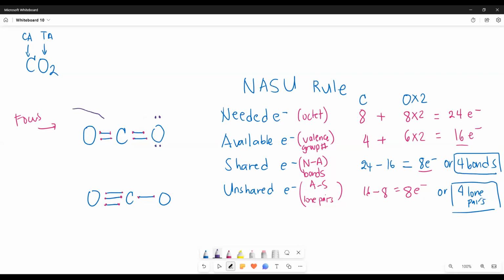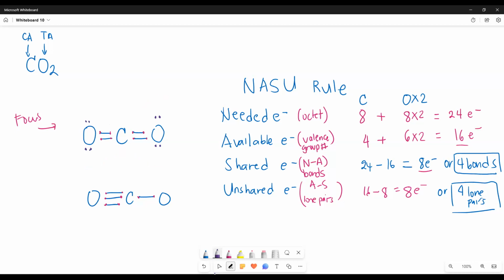Now, let's focus on the other terminal atom. You have 4 electrons here. You still need 4 more, which comes in 2 lone pairs. And then you're done. How about the carbon? We already consumed all the unshared electrons.